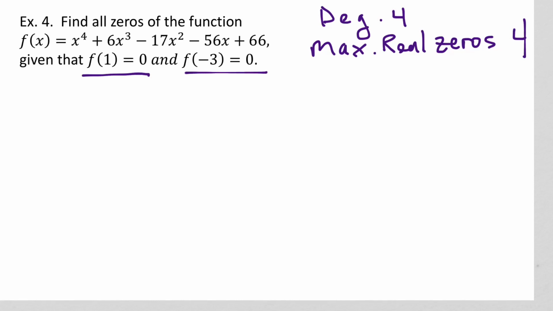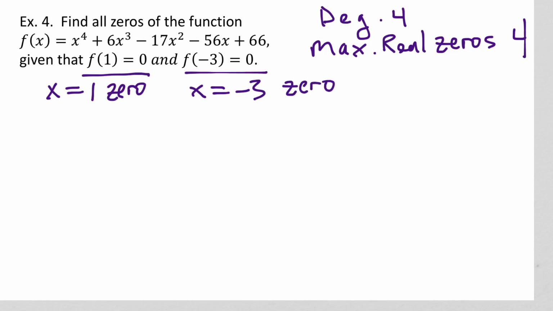We're told that f of 1 is equal to 0. All right, what that's telling you is that x is equal to 1 is a 0. And we also know from this other statement that x is equal to negative 3 is a 0.